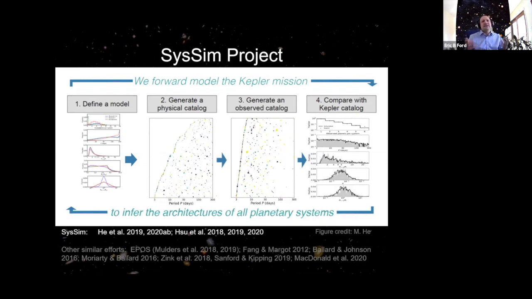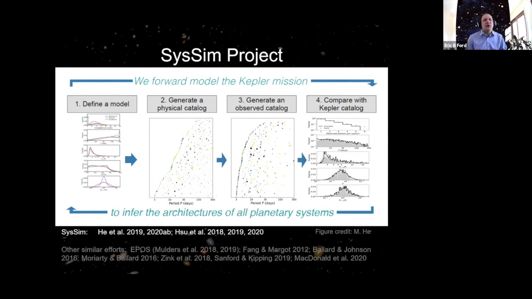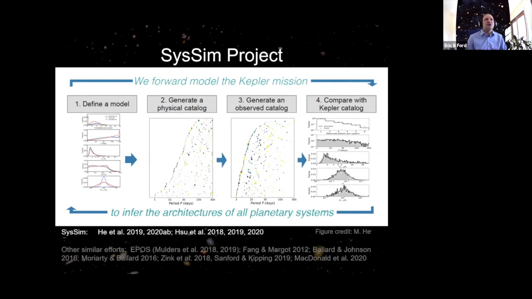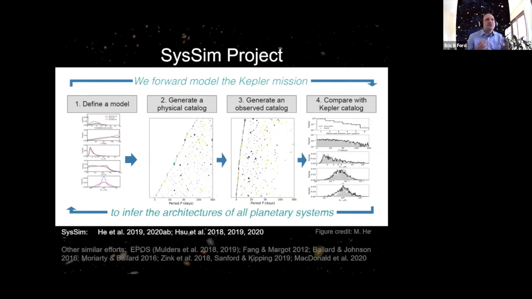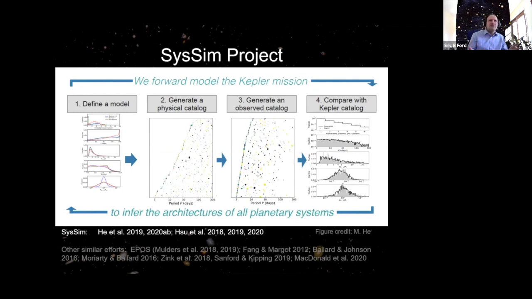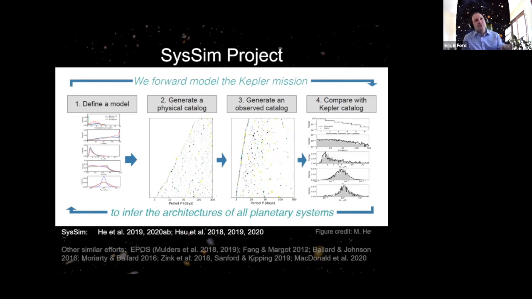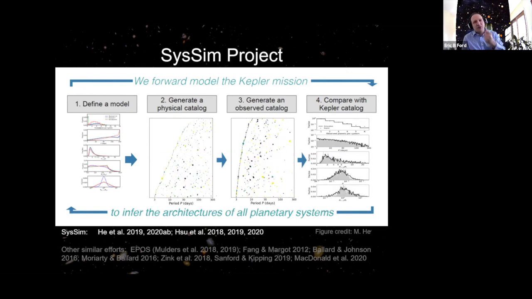The basic idea is classic astronomy. You have a forward model. The one interesting thing here is the forward model includes several different steps. The first one is the physical description of what's the distribution of planetary systems. Then there's a model for how you go from that model to generating discrete planetary systems.